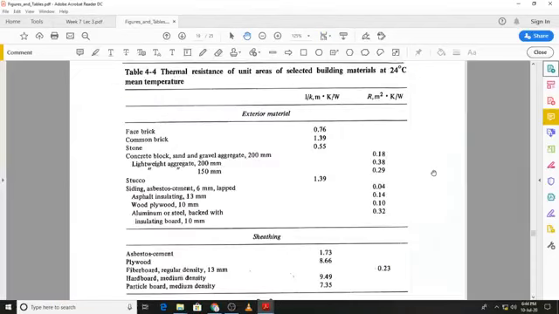Table 4-4 gives us the thermal resistance of unit areas of selected building materials, and we start by looking at this list of building materials and see where we have some information about glass. It's not over here, so we will scroll down.